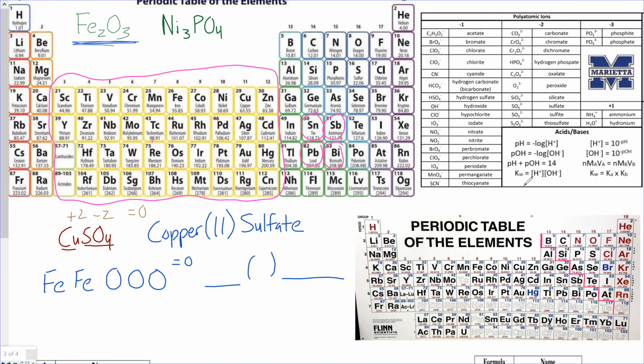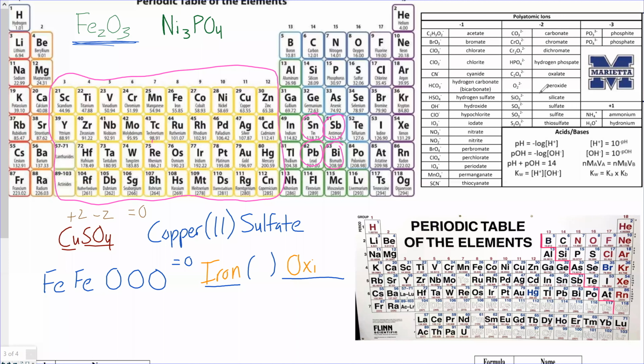So for instance, on this first one, we have iron. We have 2 irons. So I know that's iron, so I'm just going to go ahead and write that. And then the oxygen, what should I write behind here? What should that be? Oxide. Oxide, very nice.